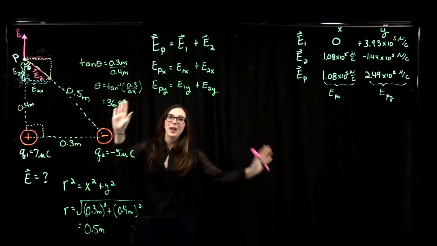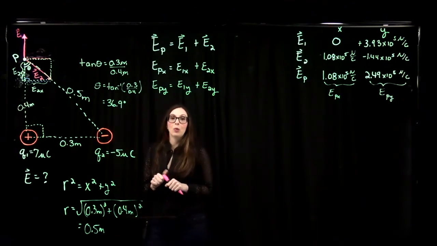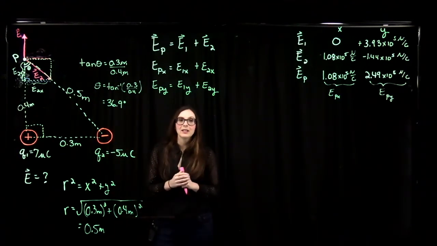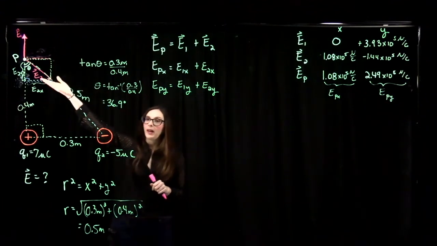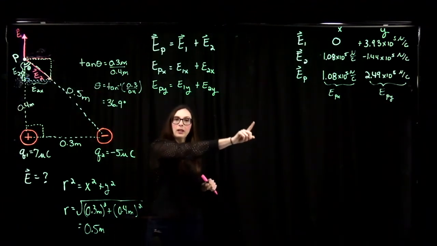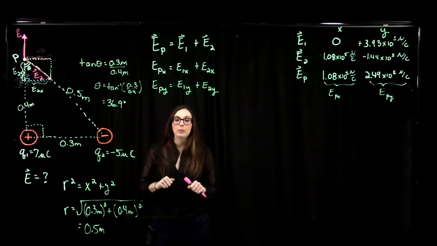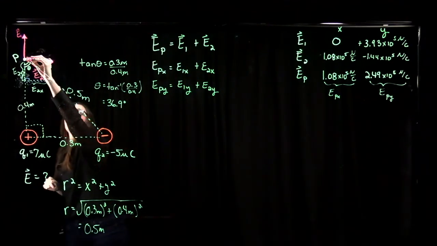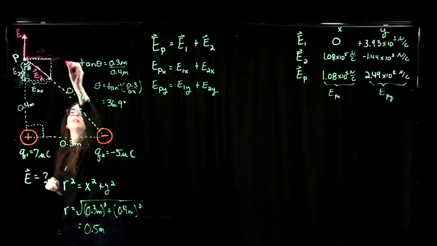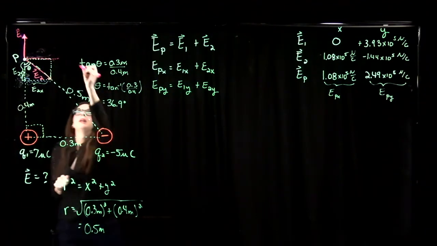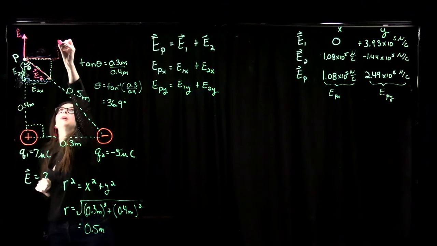I've erased what we had right here, so we've got a little bit more of a clean slate. Let's go ahead and look back at our diagram and put in our x and y components of EP. So our x component is going to be positive, it's going to be like this. Our y component of EP is also positive and it's going to be pointing up.